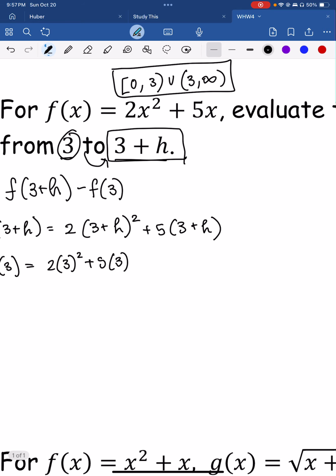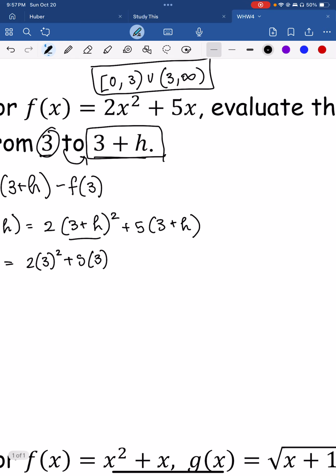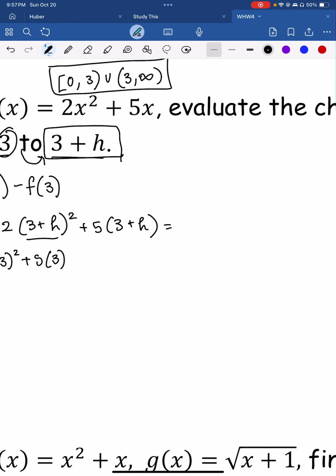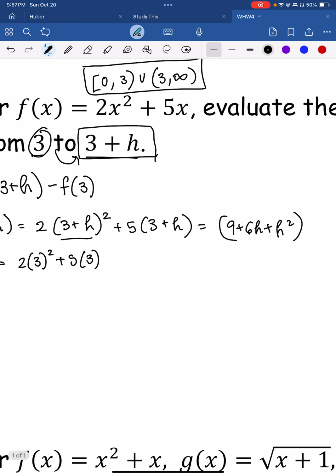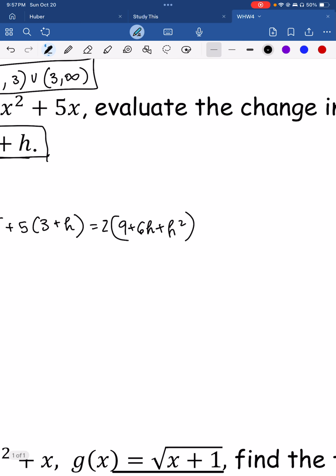To evaluate this, I would FOIL this out. So I would get 9 plus 6h plus h squared times 2 plus 15 plus 5h. I'm going to distribute this here, so I get 18 plus 12h plus 2h squared plus 15 plus 5h.